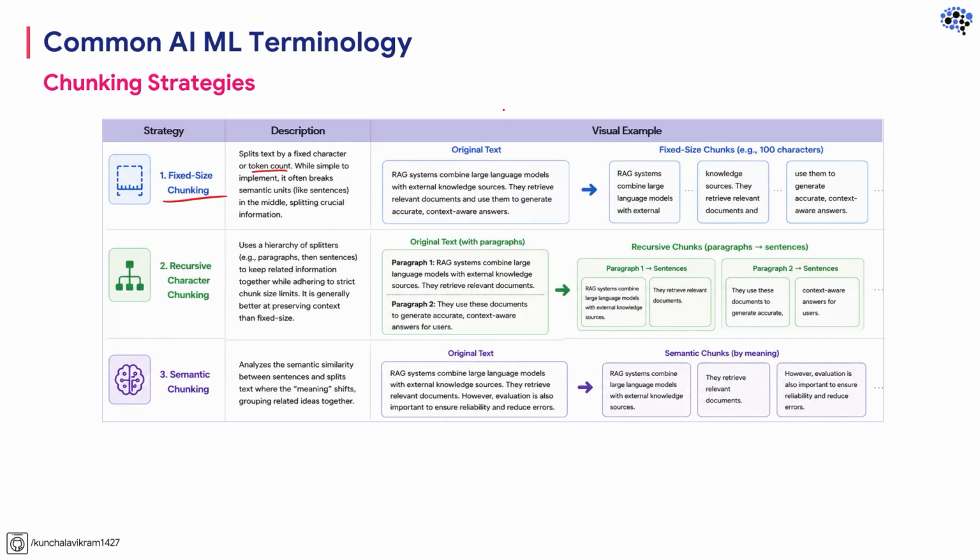For example, break the document for every 100 tokens, which is nearly 75 words, so every 75 words of information is a chunk for me. If this is the original text, you can see here it is breaking into multiple chunks.